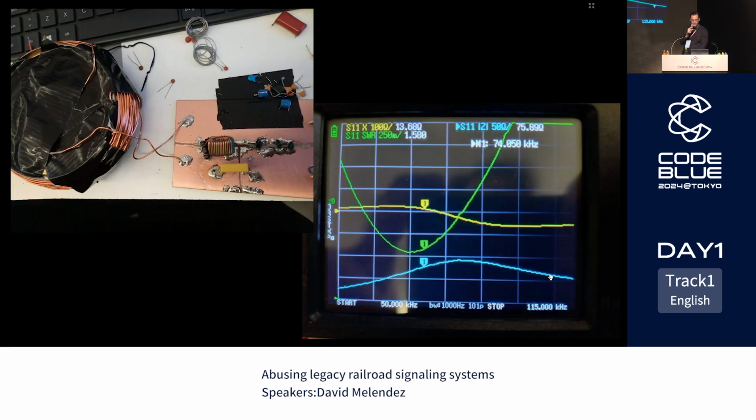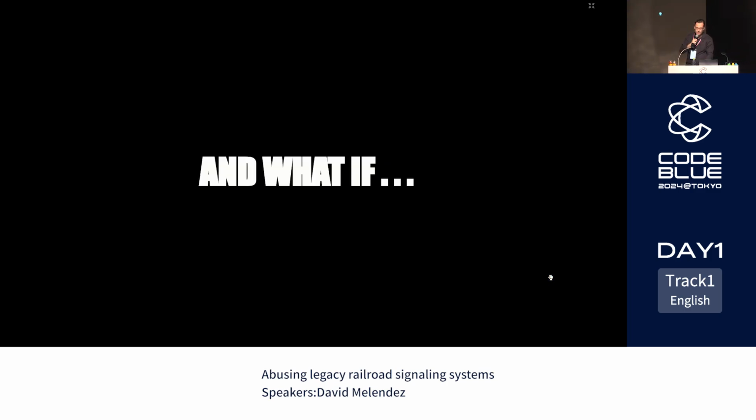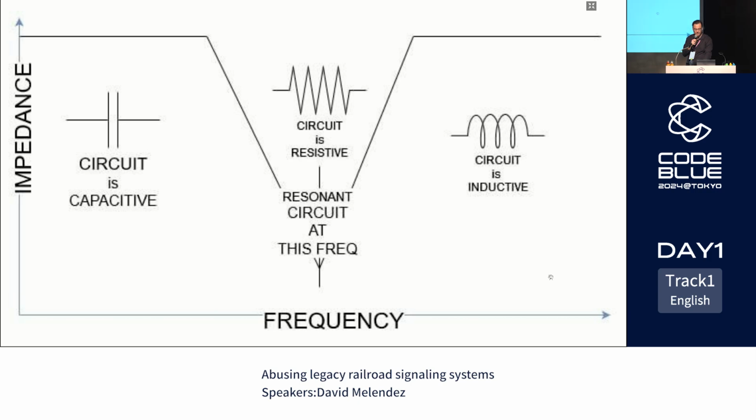That one is this one, and it's the receiver. The receiver is tuned to receive a little bit of the power of the train and more of the range of frequencies of the track beacons, okay? So we have to make this device taking into account the impedance of the circuit.